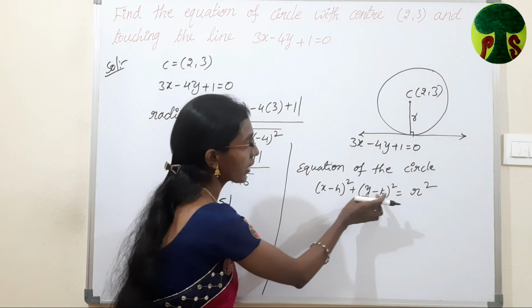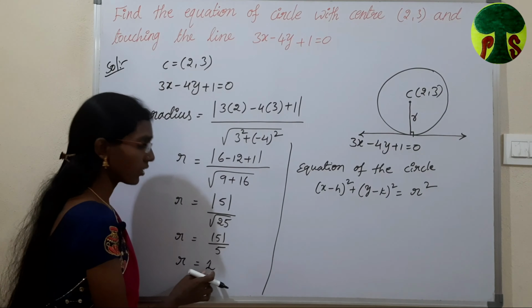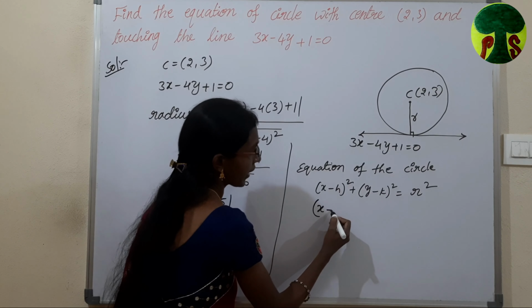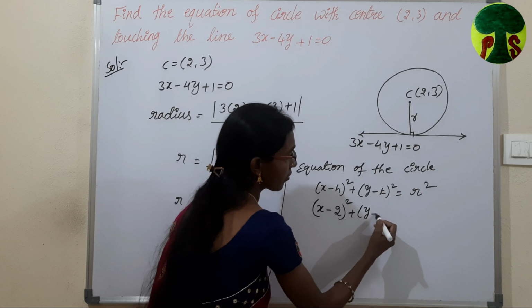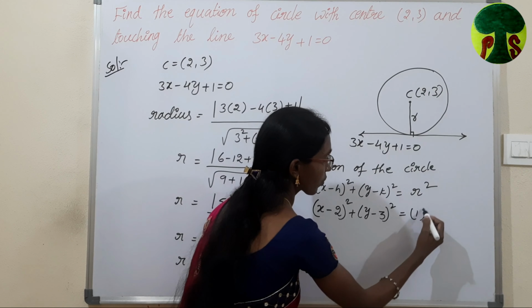Here the h, k values are 2, 3 respectively and the value of r is 1. Those values we have to substitute in this formula. So (x minus 2) square plus (y minus 3) square equals 1 square.